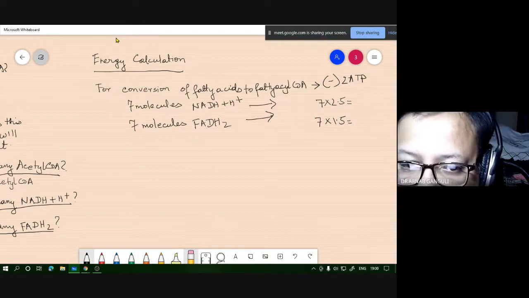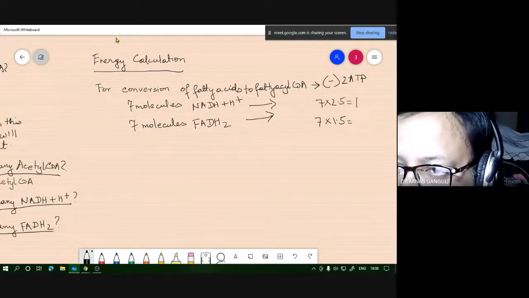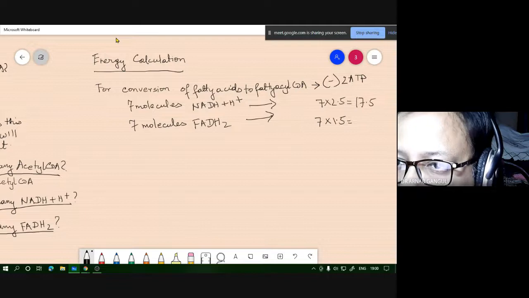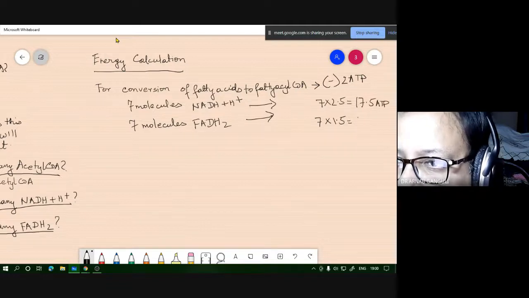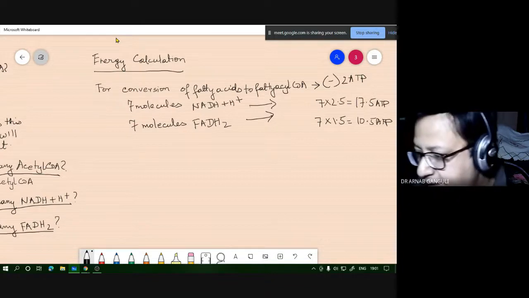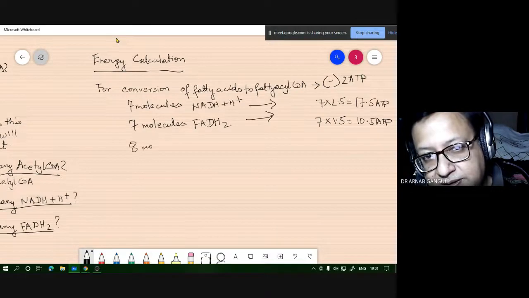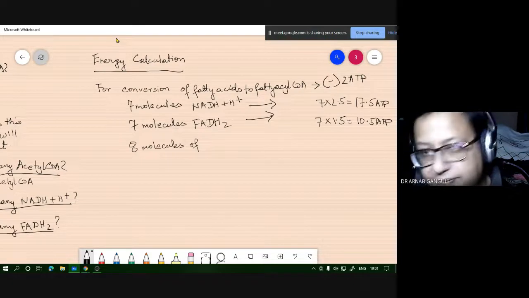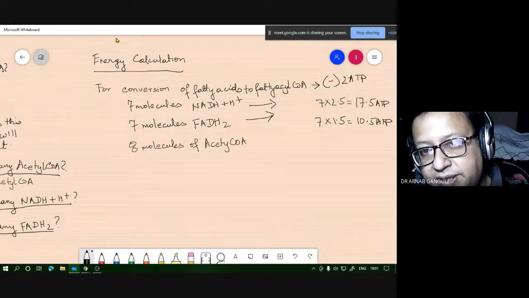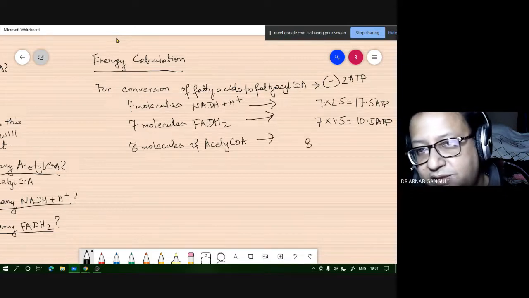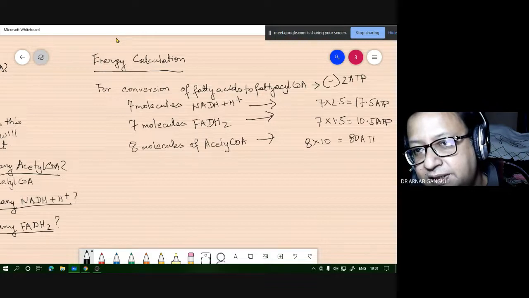And 8 molecules of acetyl CoA, 8 into 10, 80 ATP.